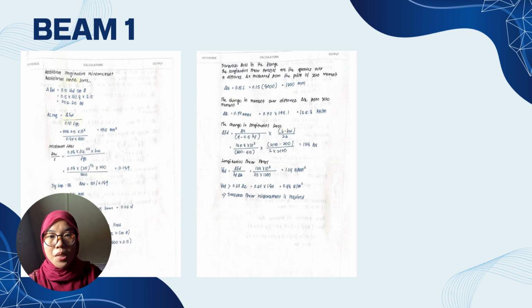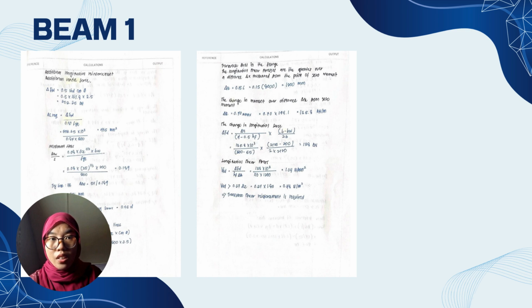Hello, my name is Amira and my matric number is 07DK83F2047. Today I will present beam 1. For beam 1, we started by identifying the type of beam and the loads acting on it. The beam is analyzed based on bending moment and shear force to determine the required reinforcement.